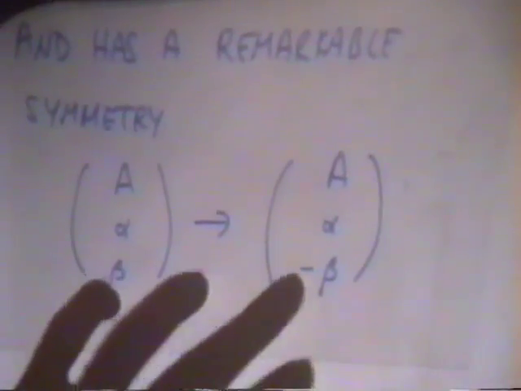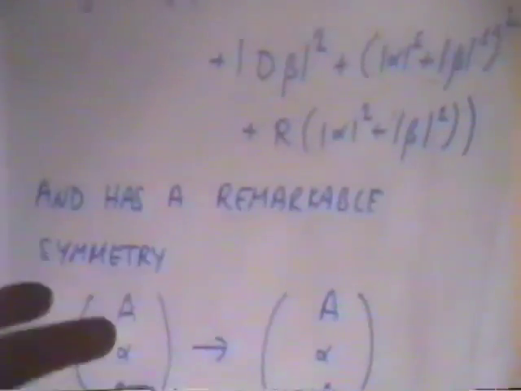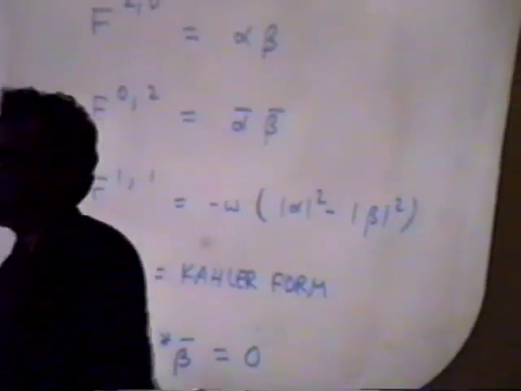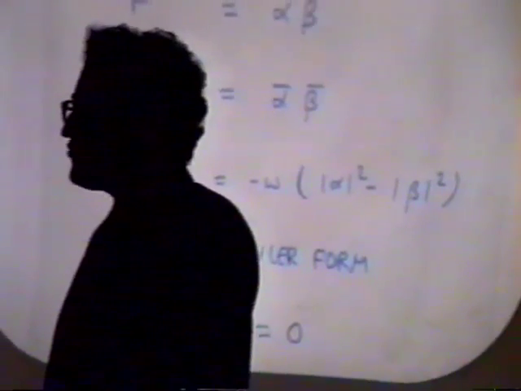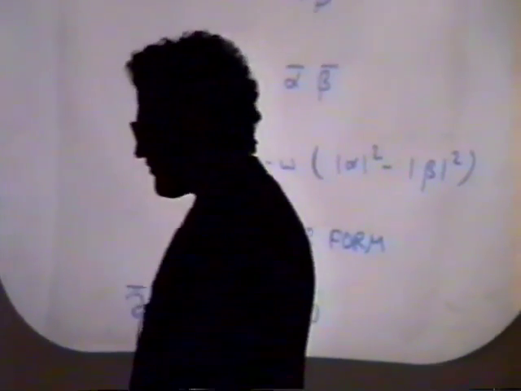But you see, what I said was that because the sum of the squares has this symmetry, any solution is mapped to another solution by this transformation. And you see, the transformation changes the sign of the right-hand side. And the knowledge that that gives another solution means that the right-hand side vanishes separately. Everything collapses.